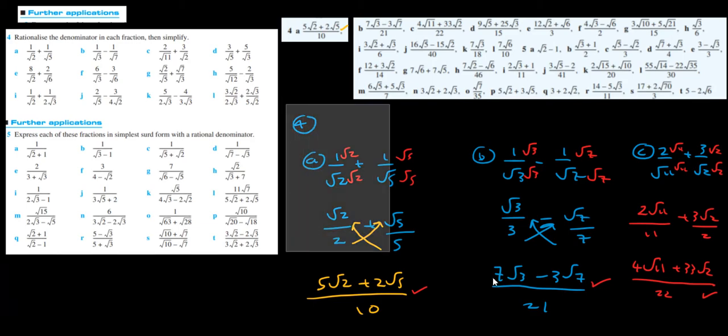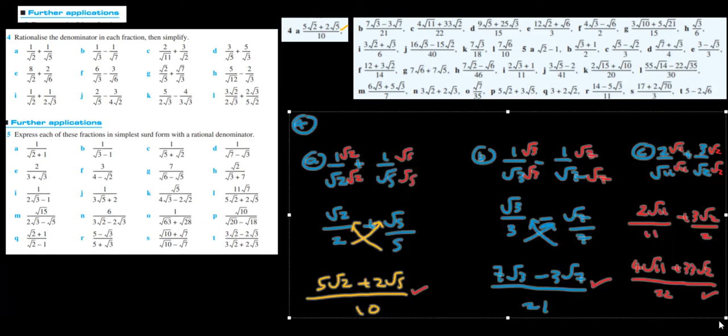Okay, so at the moment, we've only rationalized monomial denominators of the type 1 over root a.